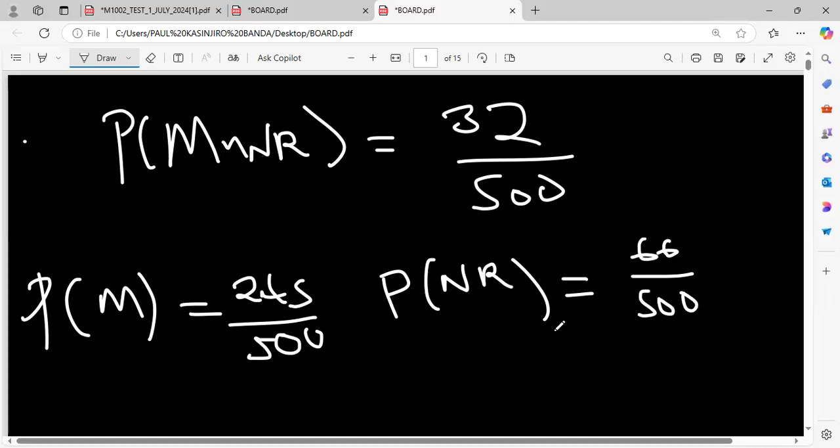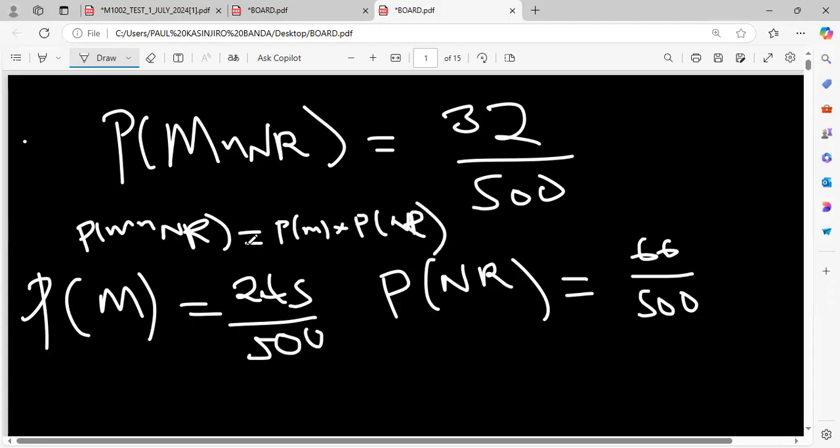500. Remember the claim that we wanted to show: that the probability of man intersection no response is not equal to the probability of man multiplied by the probability of no response. If this is not equal, then we would have proved that these two events are not independent.